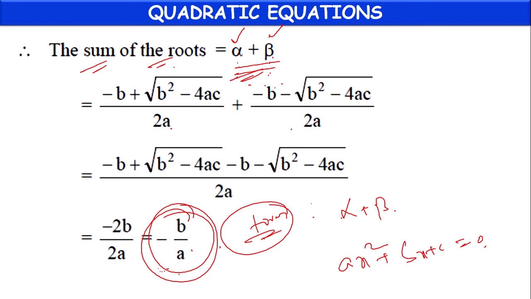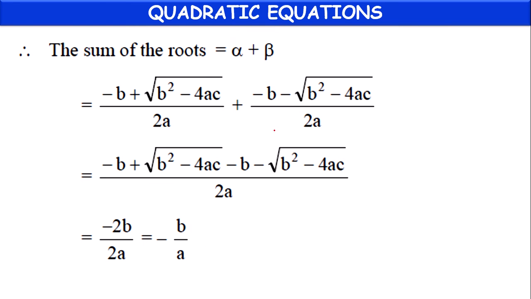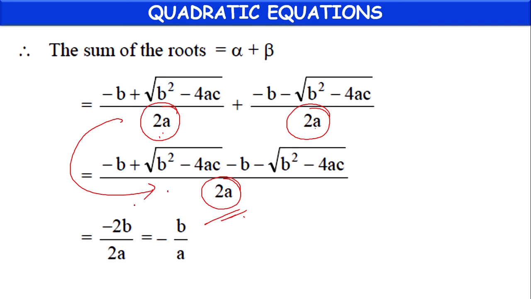So if you want to add alpha plus beta, let's keep alpha value first, then let's keep beta value. Here the denominator is 2a, here also denominator is 2a. So common denominator is 2a. With 1 we have to multiply the numerator, so value does not change.